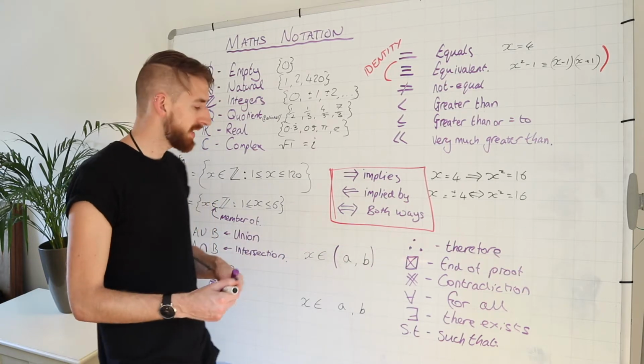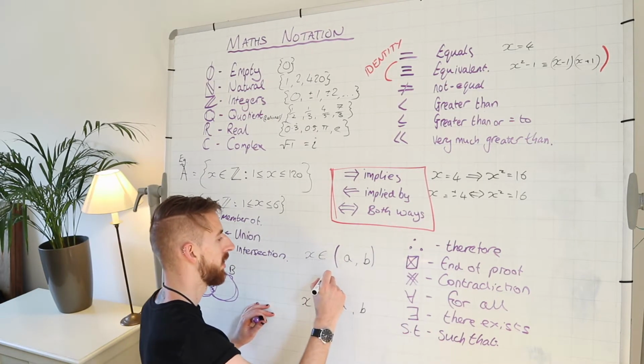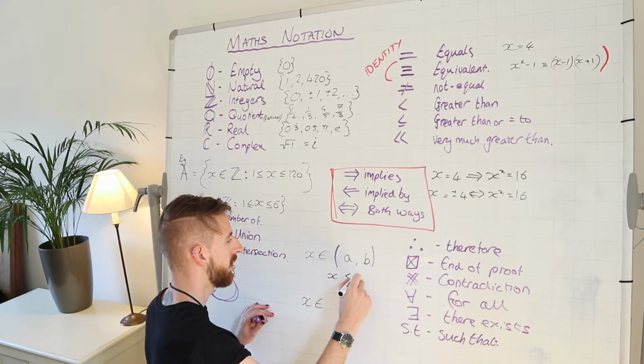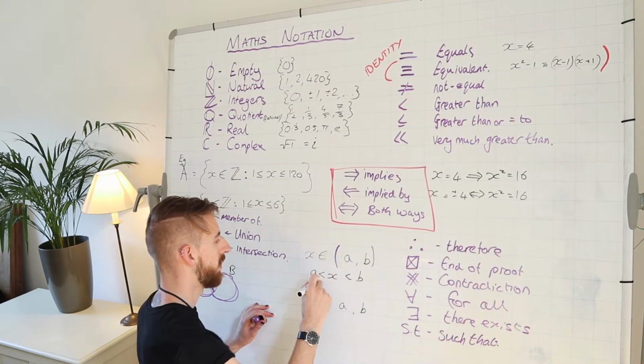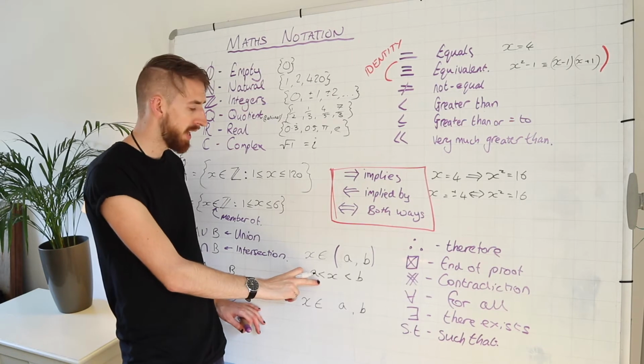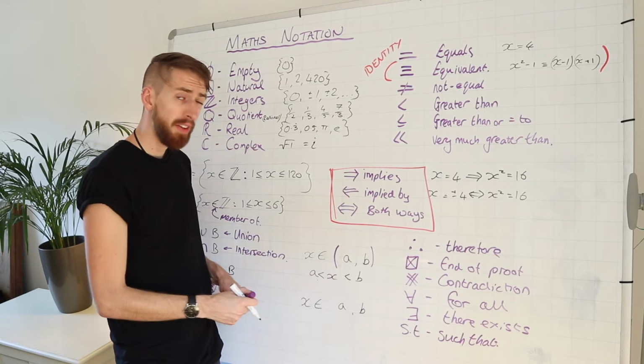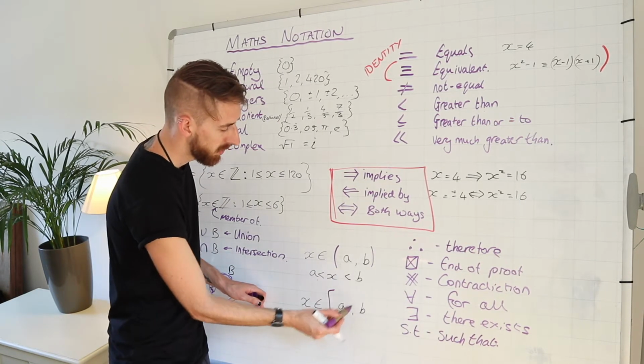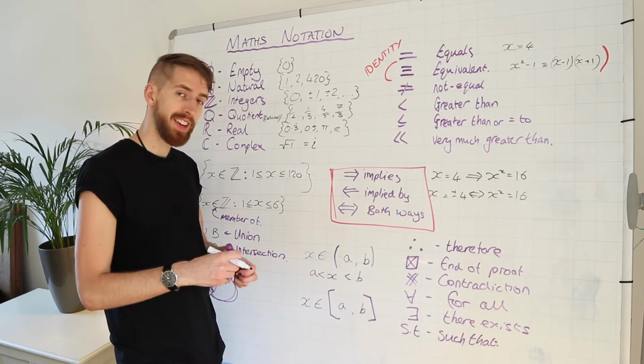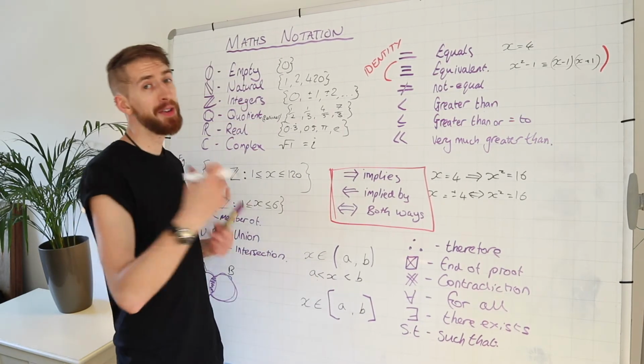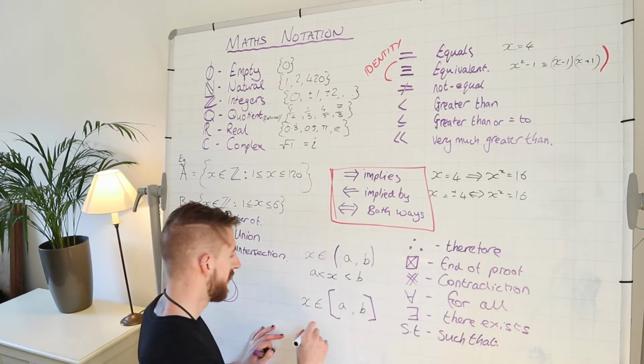What that means is that X is greater than A and less than B. If you instead use squared brackets, now this is the same again, but less than or equal to.